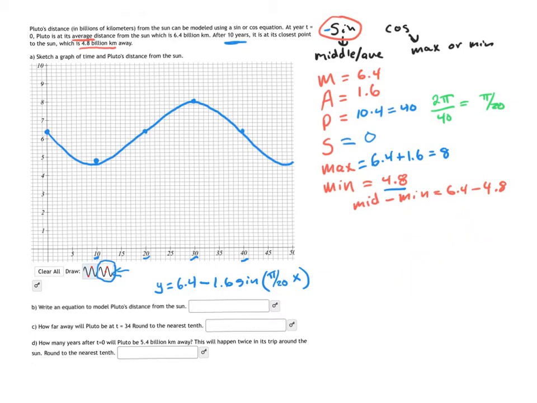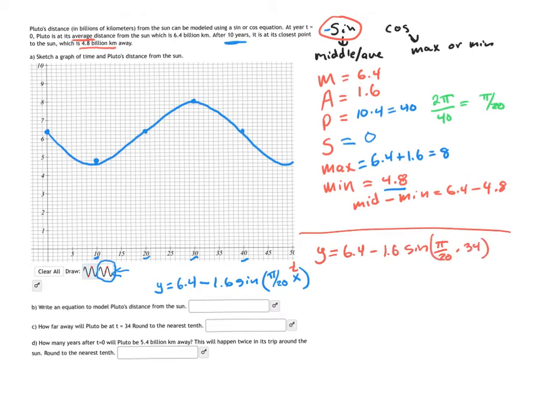So what we're going to do here when t is equal to 34, actually the t here is going to be my x value. So time is x. So that means I'm going to write that equation out. I'm solving for y, and that's going to be 6.4 minus 1.6 times the sine of pi over 20 times, and then my time is 34.